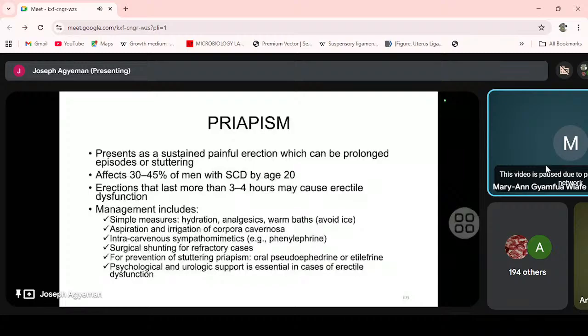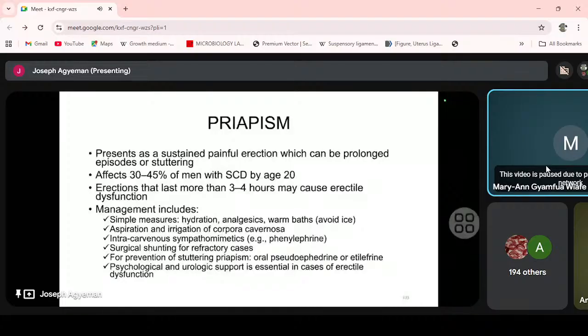So you consider the glans penis as a clock. Where you have, let's say, 3 o'clock, you can aspirate from there. Then at 9 o'clock, you inject your vasoconstrictor. As you pull the blood out, you are causing vasoconstriction to avoid refill.